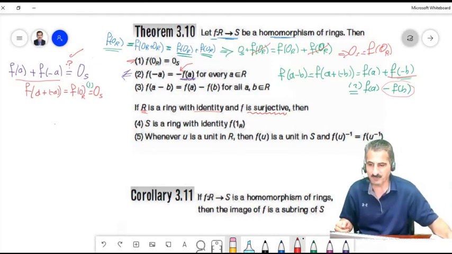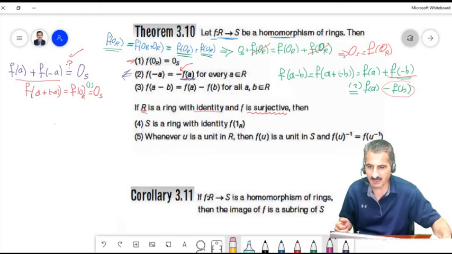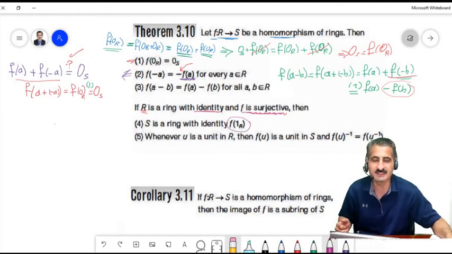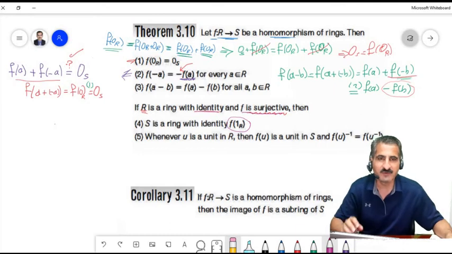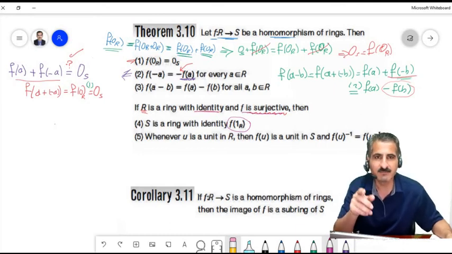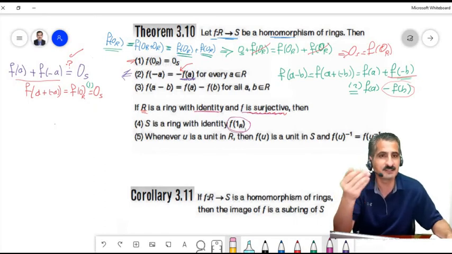To prove part 4, okay, what do we need to do? We are assuming R has the identity and f is surjective. We want to prove this is the identity of S. This is the identity of the ring S. That means if I take any element from the ring S and multiply it by this inside the circle, then the result is that element, right?